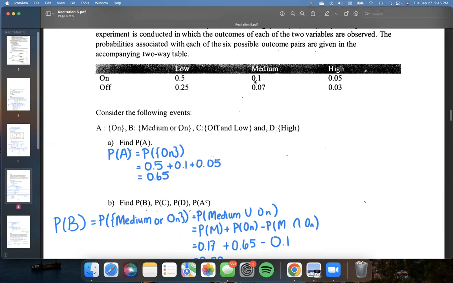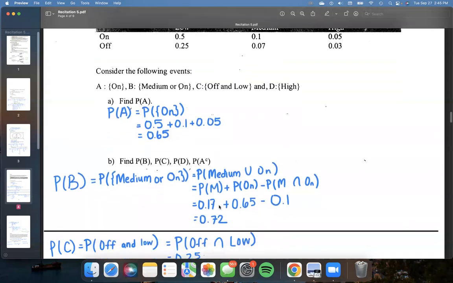That's how I do it when I'm working it out, because it's easy to choose the wrong number if you're not tracing carefully. So I always have my right hand trace the columns and my left hand trace the rows. Anyways, the intersection of medium and on is 0.1.